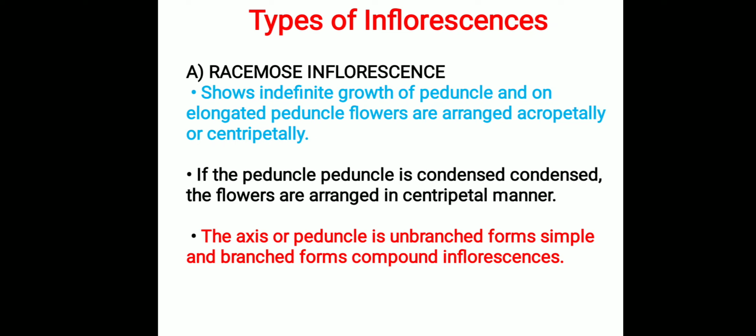What is meant by centripetal? That is, the oldest flowers are at the periphery and younger flowers towards the center. The example, sunflower, tridax, etc. This is the racemose type of inflorescence.